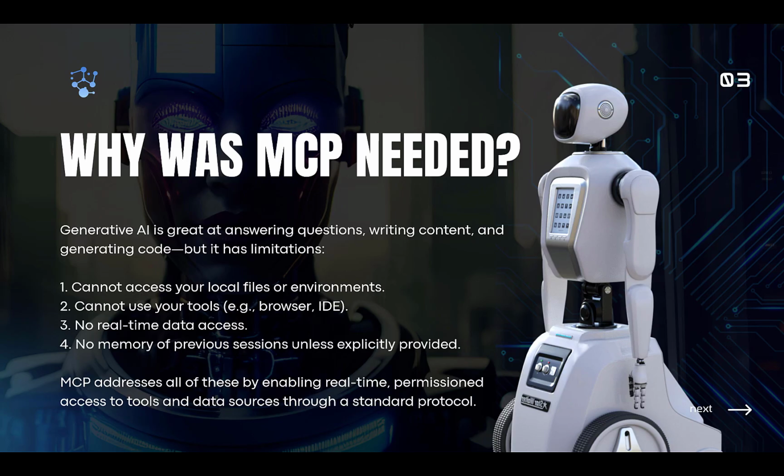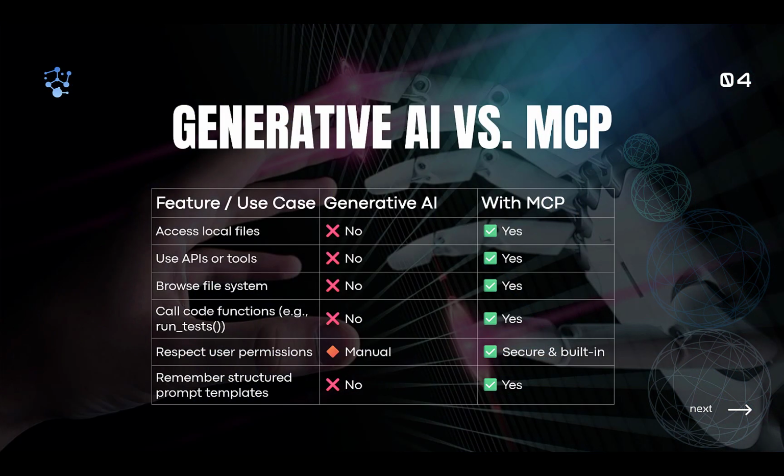Now let's see a comparison with generative AI. Generative AI cannot access your local files, but with MCP you can. If you are using generative AI and you want to use APIs or tools, you cannot, but with MCP, yes. Generative AI cannot browse the file system, but with MCP you can.